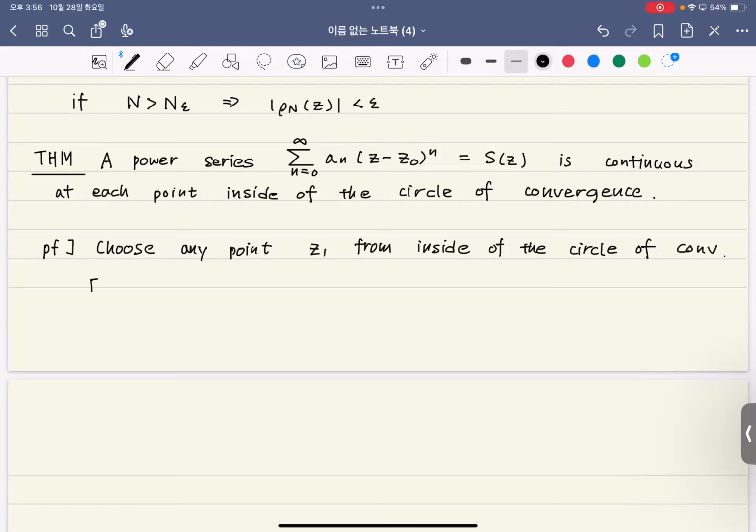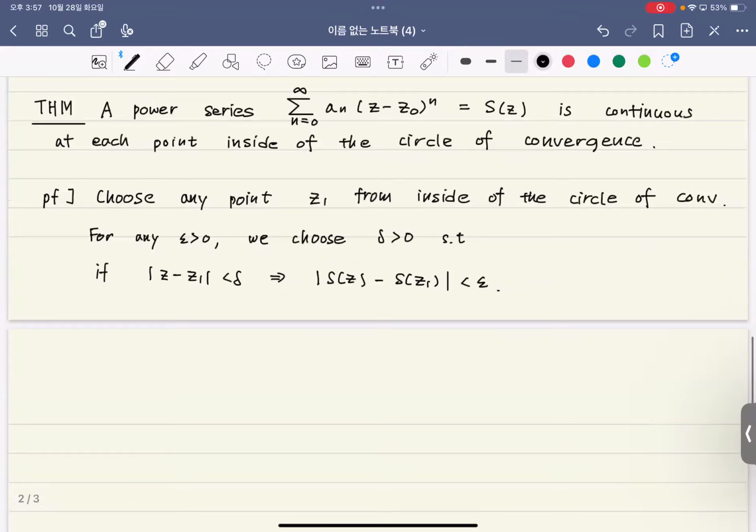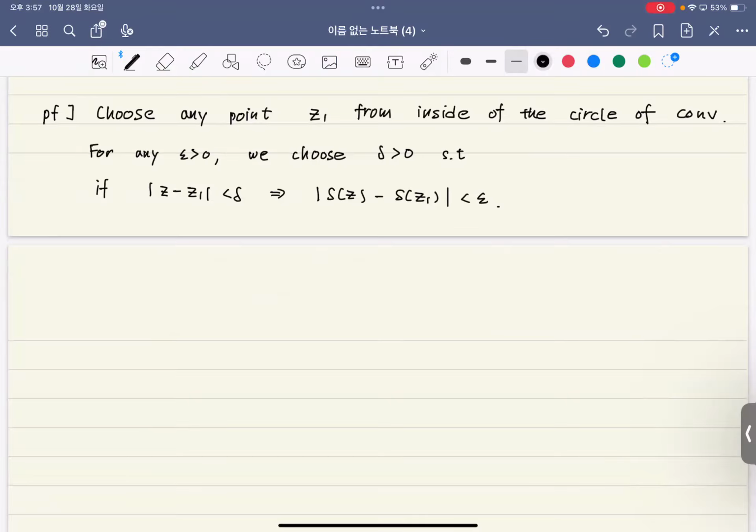To do that, for any epsilon, I should find some positive number delta such that if z minus z1 is less than delta, then the distance between S of z and S of z1 is less than epsilon. My goal is to find such a nice delta.